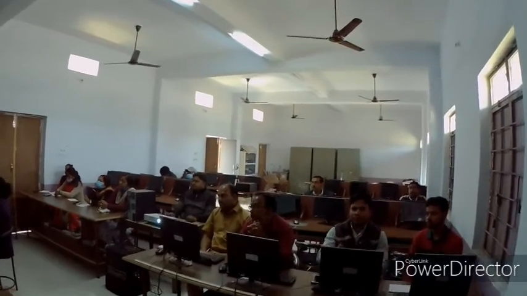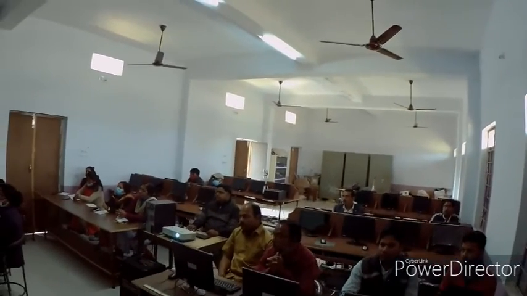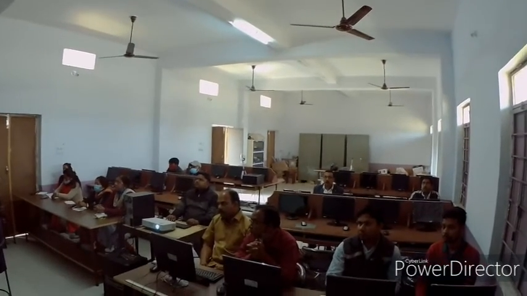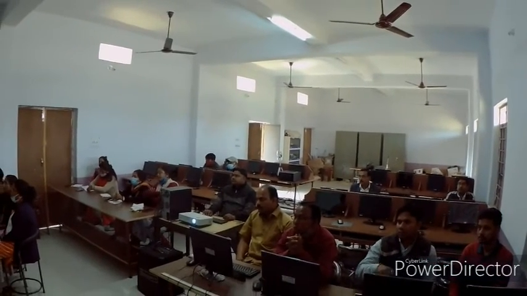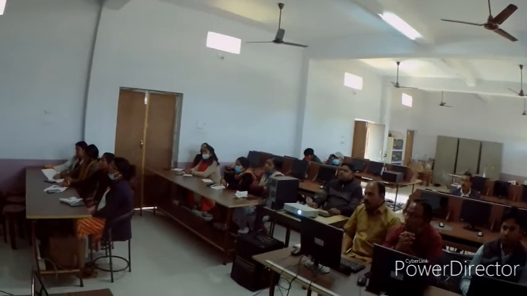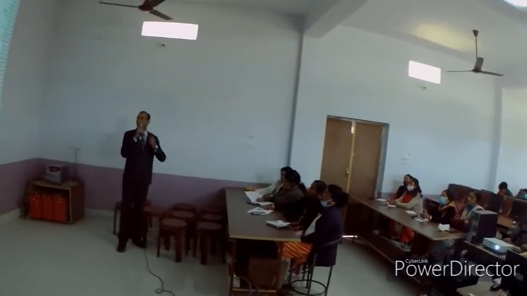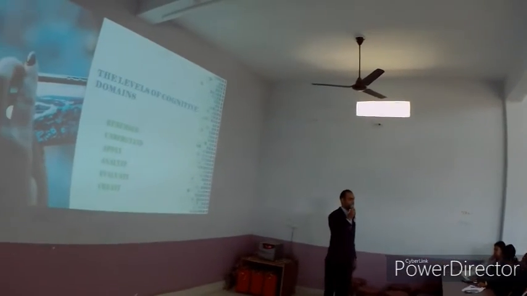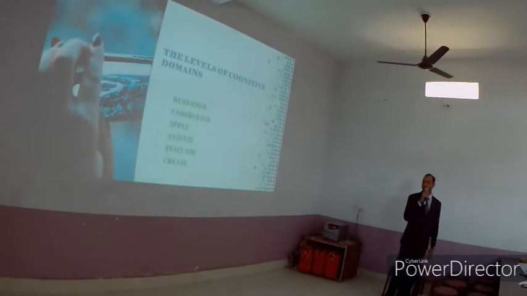You might have heard this word HOTS, higher order thinking skills. The below 3, analyze, evaluate and create, come under HOTS, and the upper 3, remember, understand and apply, come under LOTS, lower order thinking skills.